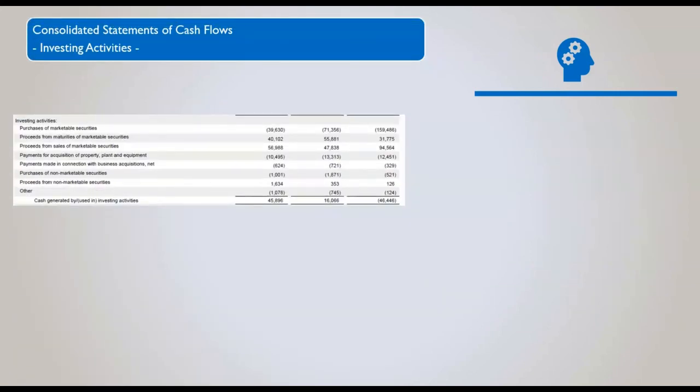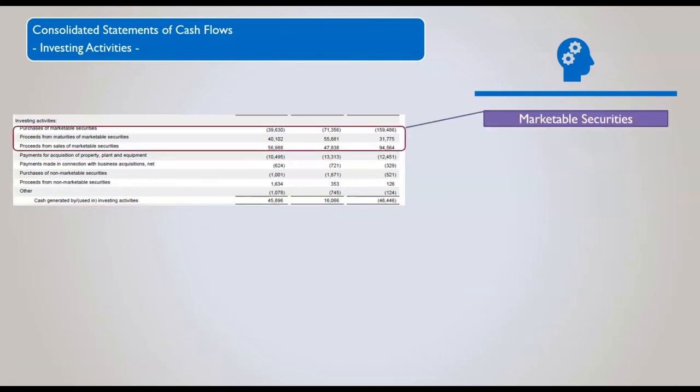The next section we have on the cash flow statement is the investing activities. Here we can see the first three line items in the investing activities section relate to marketable securities. Apple had a cash outflow of $39.6 billion, which relates to the purchases they made in investments in the form of these marketable securities.